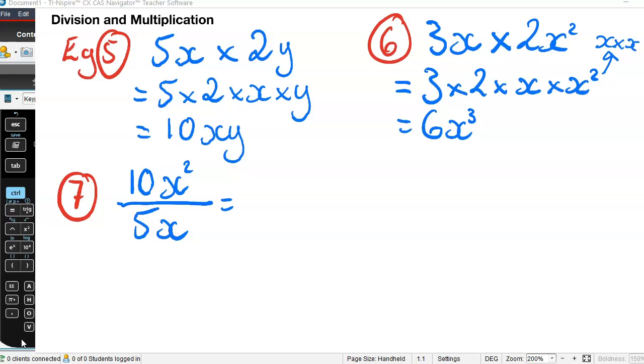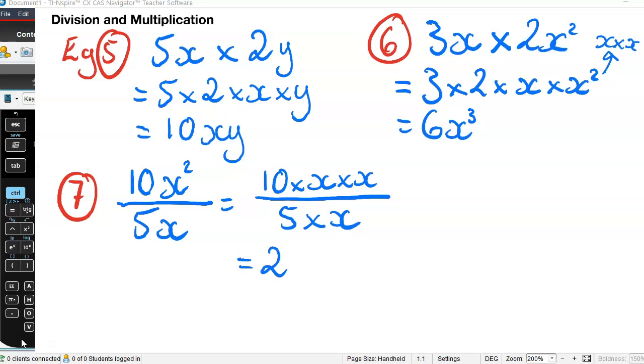Now, if I wanted to write that out again as an equivalent, that's 10 times x times x divided by 5 times x. Okay, so what's 10 divided by 5? 10 divided by 5 is 2. And here I've got x times x divided by one lot of x. So actually here I can cancel out those x there. So I'm left with 2x.